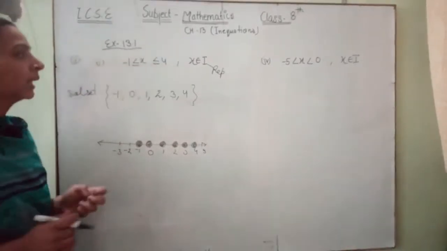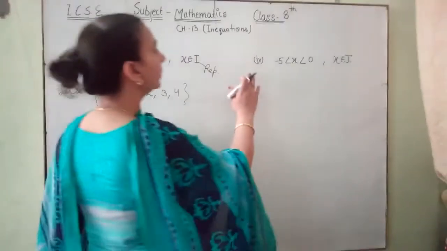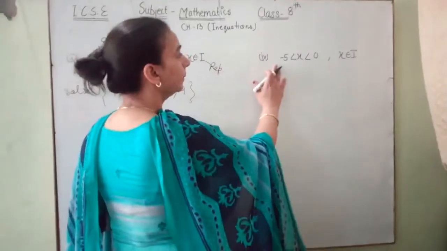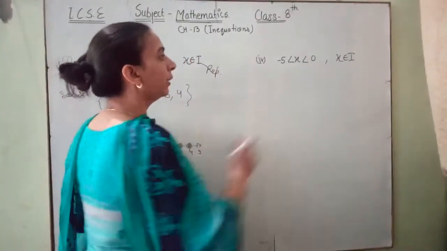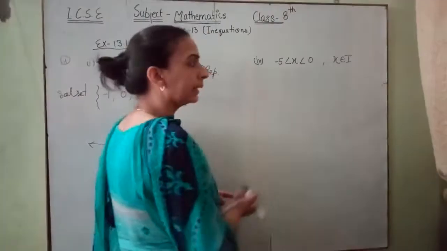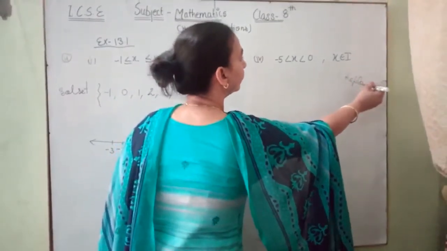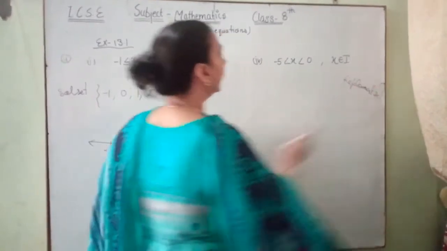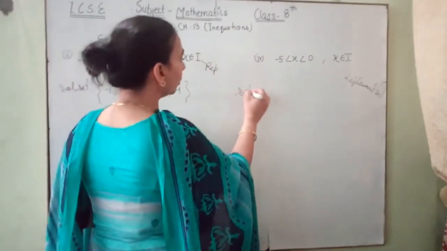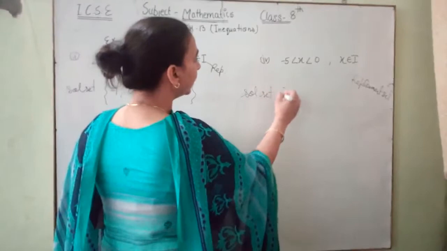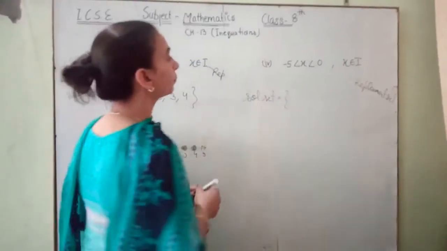Okay student. Then our next part, number 4: x greater than -5 and less than 0, and x belongs to integers. The set of integers is the replacement set. First we find out the solution set.